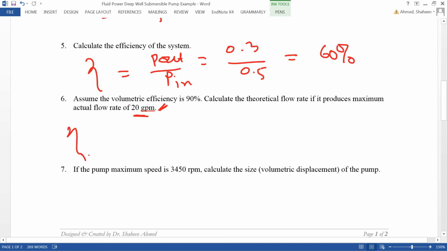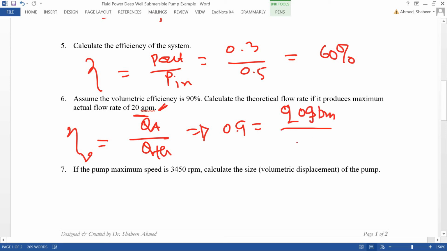So the volumetric efficiency, eta V, is the actual flow rate that will be available from the pump over, in theory, how much it should produce. So that 0.9 is equal to 20 gallon per minute divided by Q theoretical. So the theoretical flow we get, I calculated, is 22.2 gallon per minute.